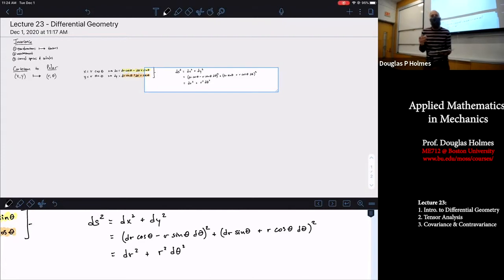And what I want to point out here is that this line element is made up of a sum, in this case of 2 components, because we're only looking in 2D. If we were in 3D, it would be 3 components. If we're doing space-time, it would be 4 components. But in this case, it's the sum of 2 things, 2 quantities. And those quantities consist of kind of 2 components.